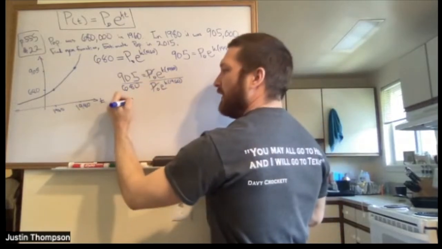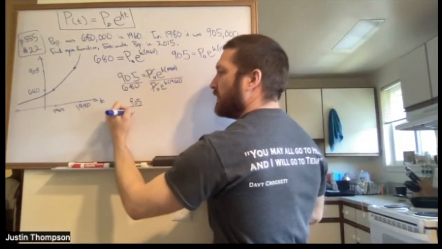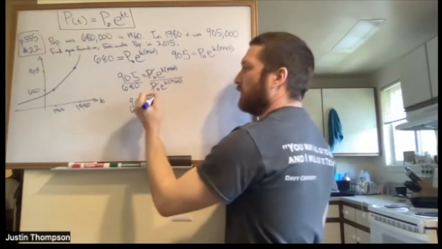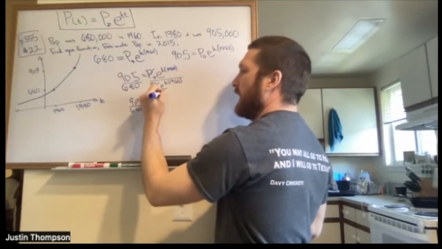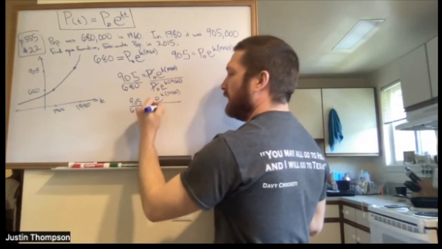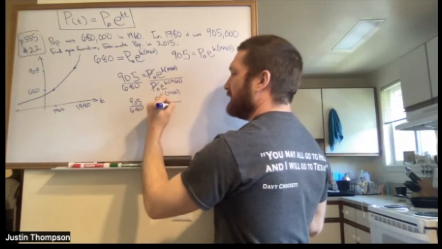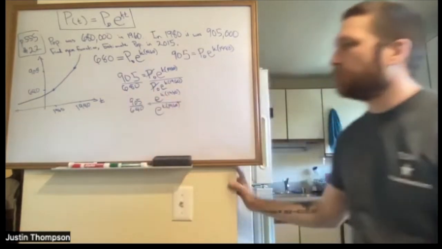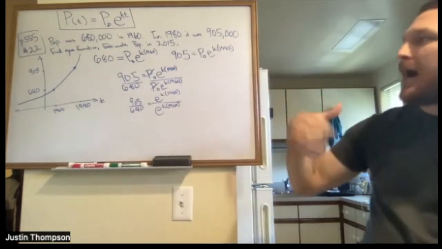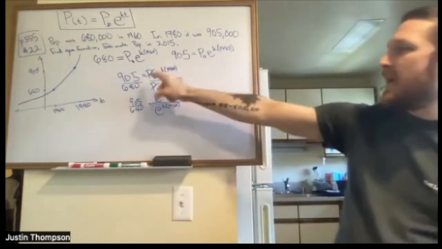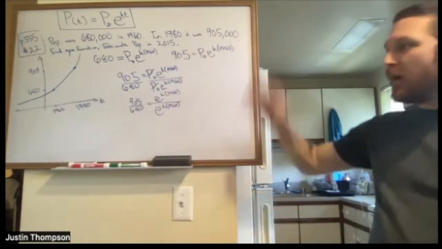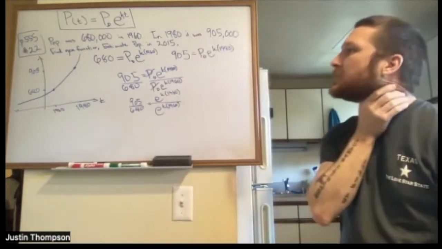And so now I have 905 over 680 on the left-hand side is equal to e to the k times 1980 over e to the k times 1960. Like, for instance, if P0 happened to be 10, we would have 10 times some number divided by 10 times some number. We could just cancel out those 10s.